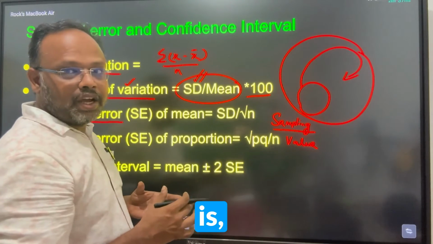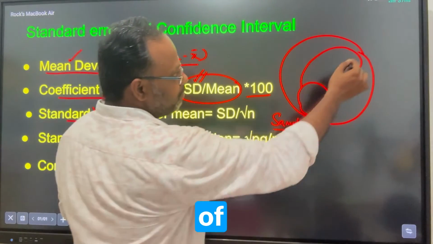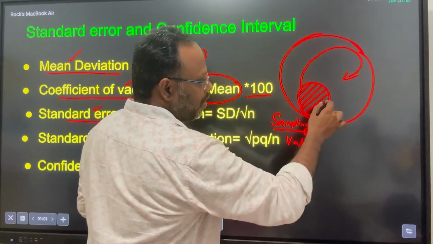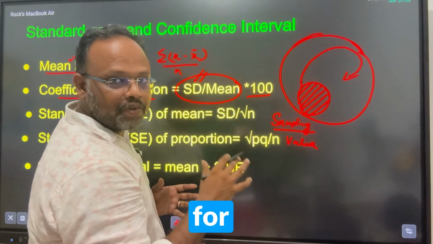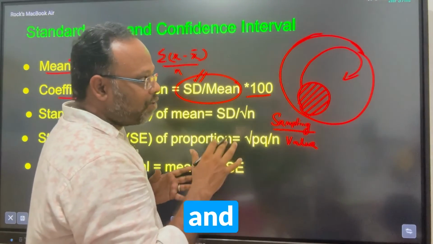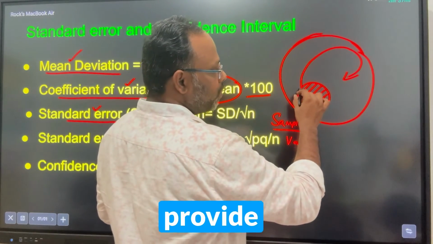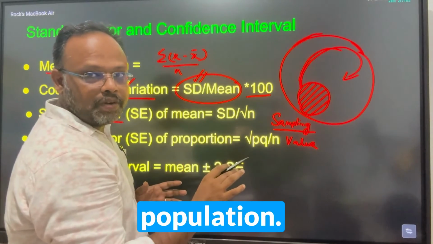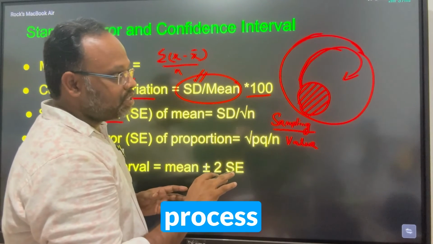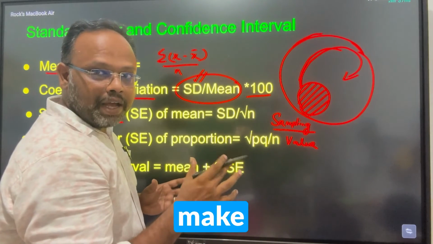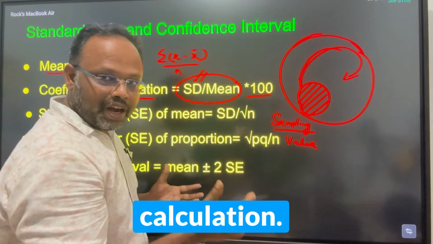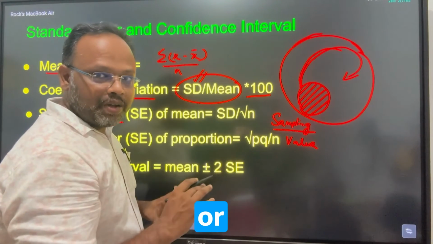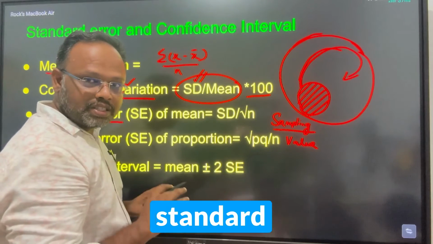That is, in other words, instead of measuring the entire population, we are including only this sample for our study, and we are trying to generalize the results to the study population. So in this process, we may make an error of calculation. That error is called sampling error or standard error of mean or standard error.